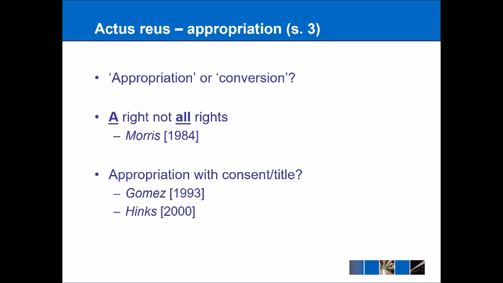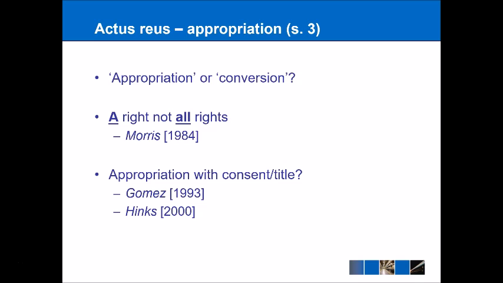Now, when we're talking about appropriation, it's appropriation of a right, not all rights. So in Morris, what happened was a guy went to the supermarket, swapped the prices around on a couple of items, and ended up paying less for something that should have cost more. So he did pay for the product in the end, he just didn't pay the full price.